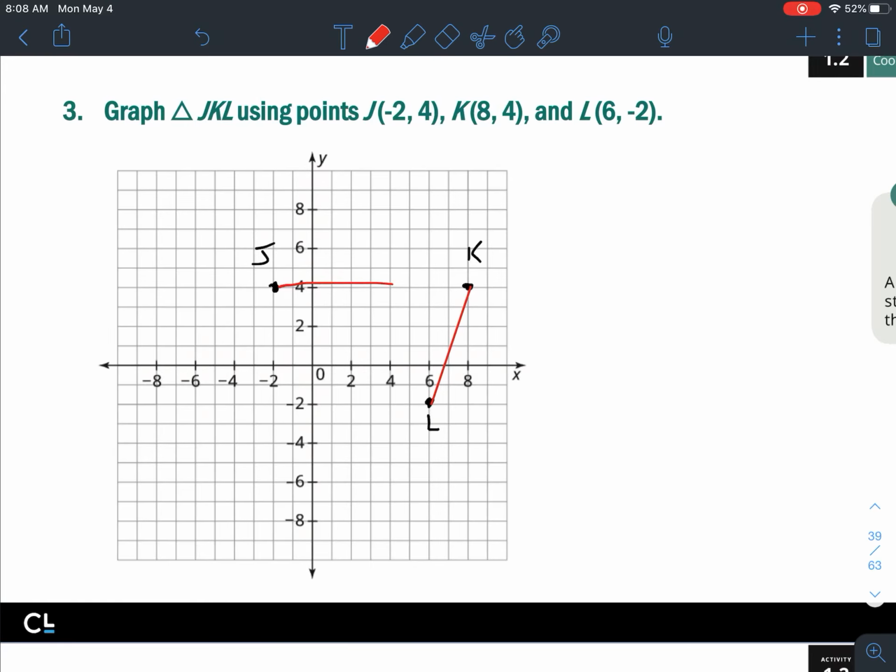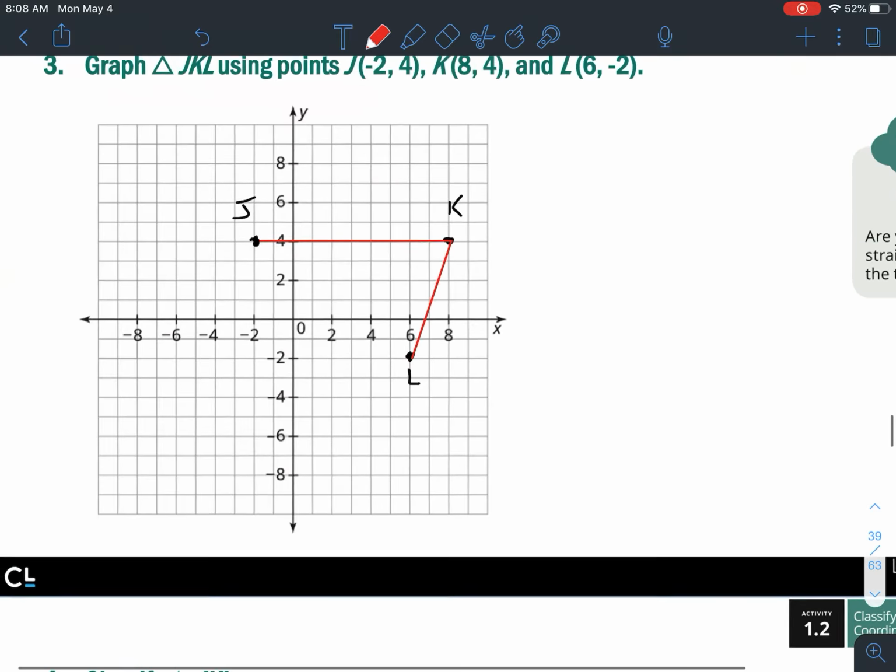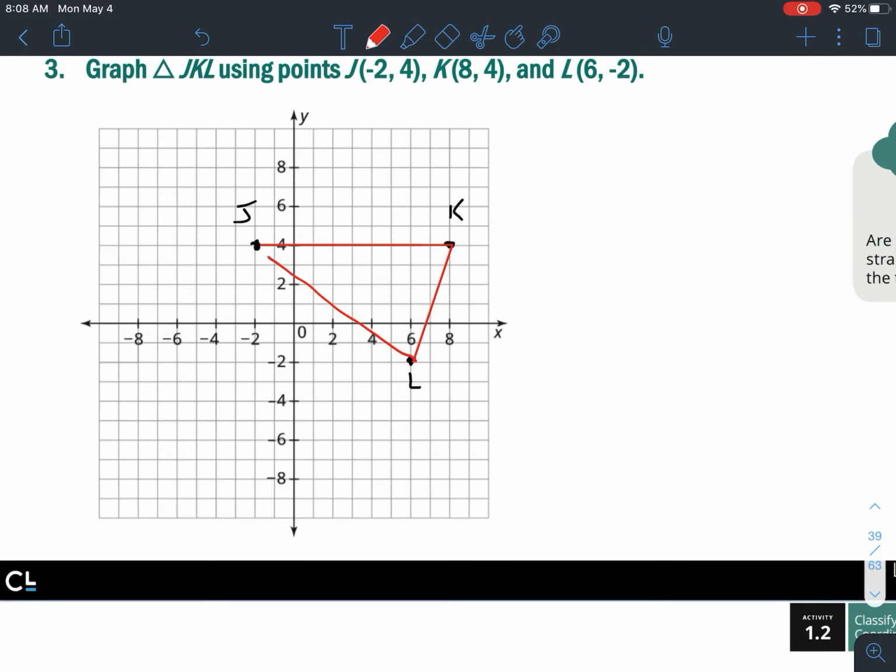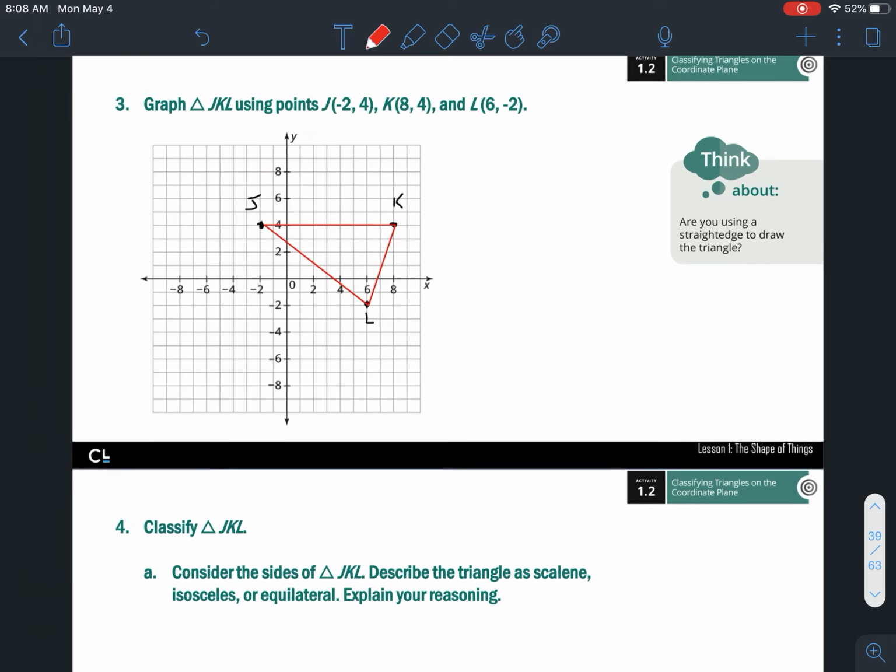You have that, that, and that. I'm going to fix that line. So that is your triangle of JKL.